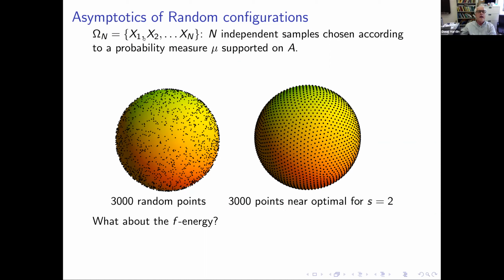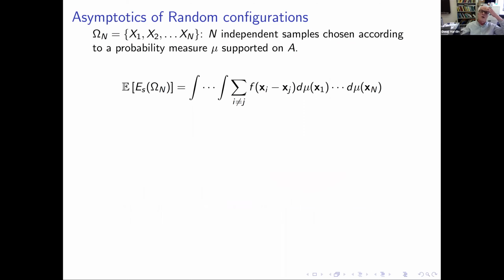So if omega n is now a random configuration consisting of n independent samples according to some probability measure mu supported on A, then we can compute the expected value of the F energy of the random configuration.